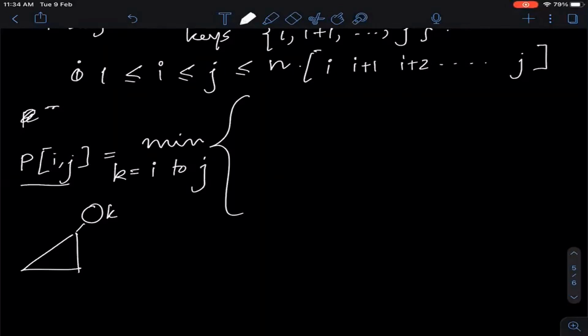It's i to k minus 1. Very good. So P(i, k minus 1) plus, and what is the other problem that I should solve? Very good, k plus 1 to j.